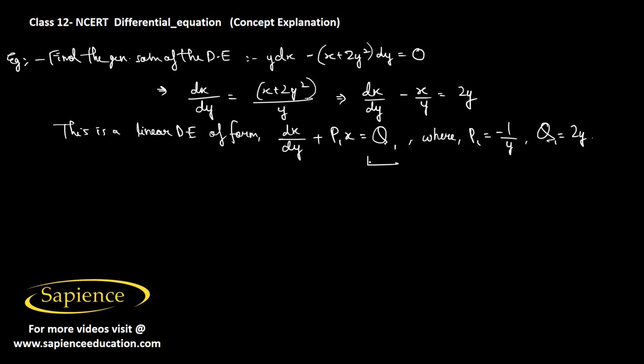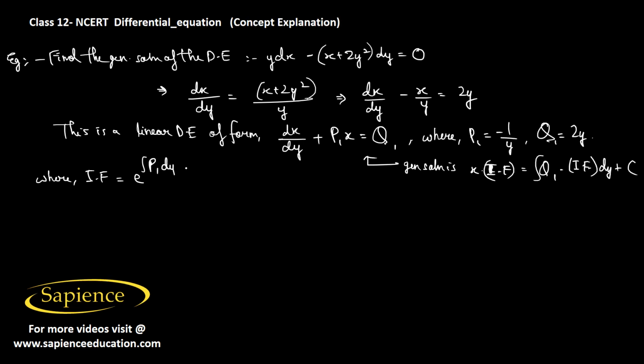The general solution of this type of differential equation is x into the integrating factor equals integral q1 into the integrating factor into dy plus c, where the integrating factor is e power integral p1 dy. So here it will be e power integral minus dy by y. So this would be e power minus log mod y.